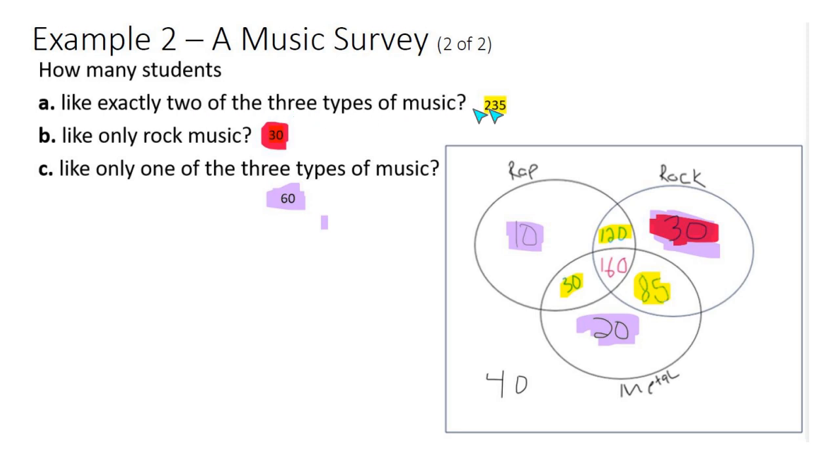So they only like 2 of the 3 types of music. That's going to be your 120 because they like rap and rock, so that's 2. That's going to be your 85 because they like rock and metal. That's going to be your 30 because they like rap and metal. So if you add these 3 numbers, 120 plus 30 plus 85, we get 235.